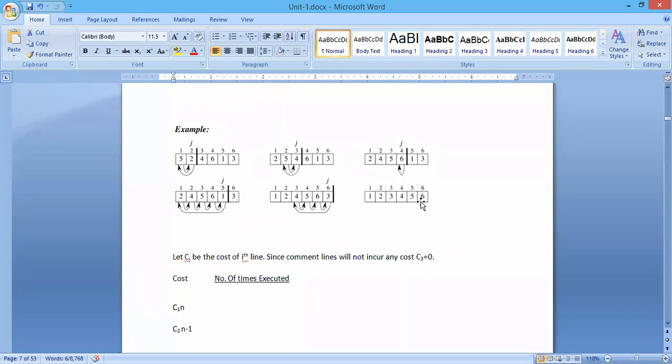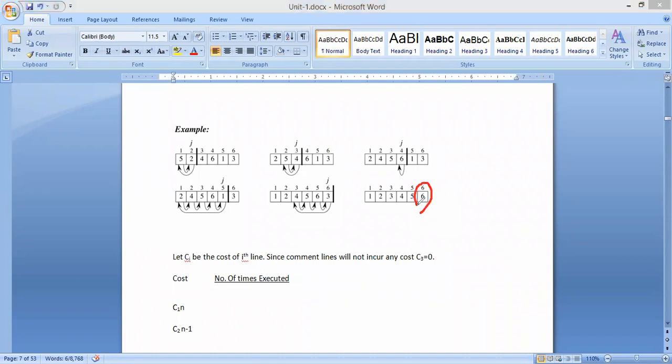If we need to sort in a decreasing order, then we need to find the first element and move further. First, this element we will sort, 6 element will be sorted, then 5, then 4, 3, 2, 1, and so on.